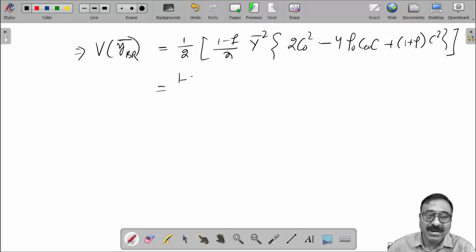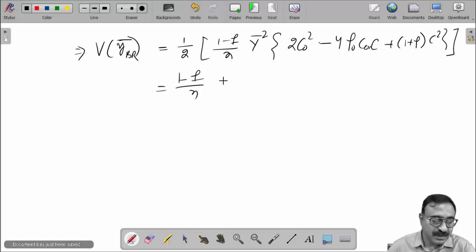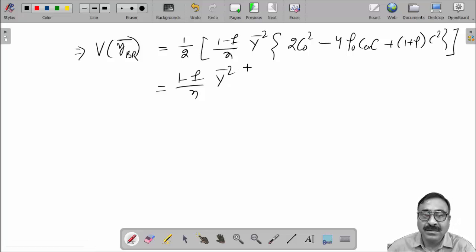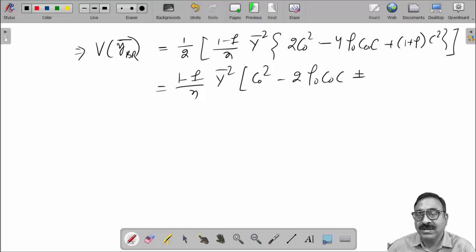This is equal to (1 minus f by n) Y bar square into [C0 square minus 2 rho 0 C0 C plus C square by 2 (1 plus rho)].